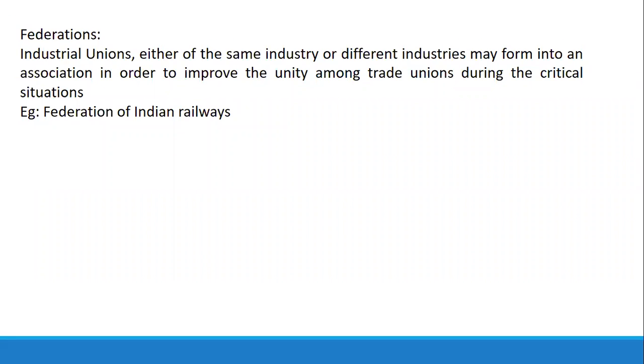Let us try to understand the last one, that is federations. Federations are industrial unions, either of the same industry or different industries, that may form into an association in order to improve the unity among trade unions during critical situations.